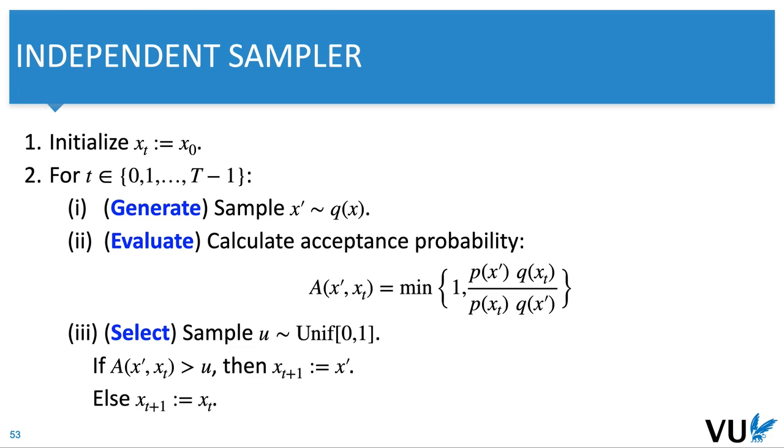So we just sample these new points from some distribution without having history, right? Not looking to the past. And again, it consists of 3 steps: generate, evaluate, and select. But of course, it could be way simpler in principle, but it can work worse.